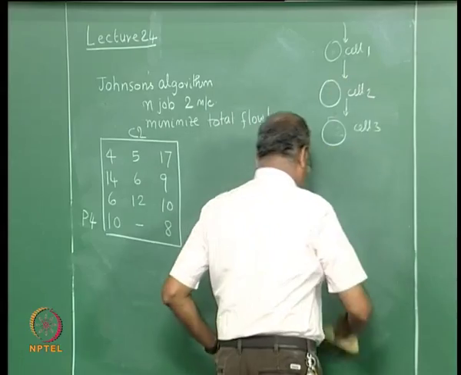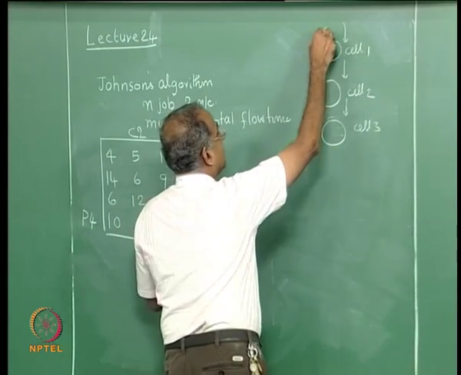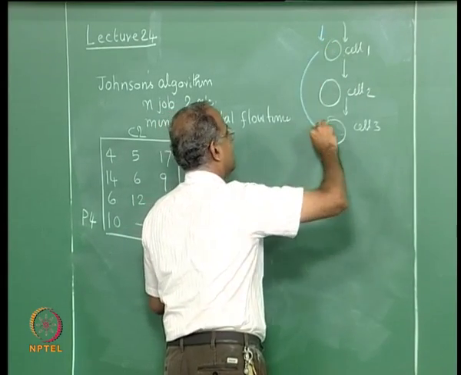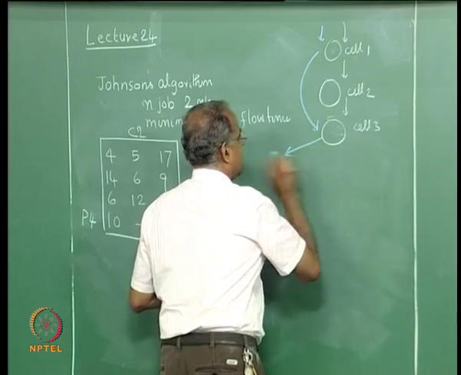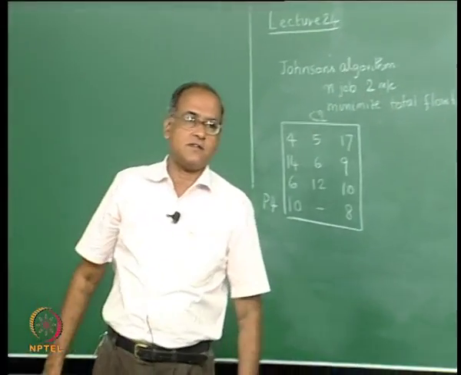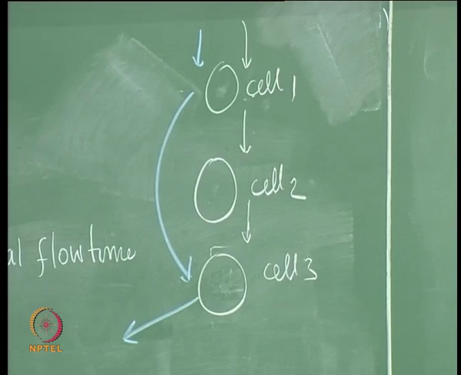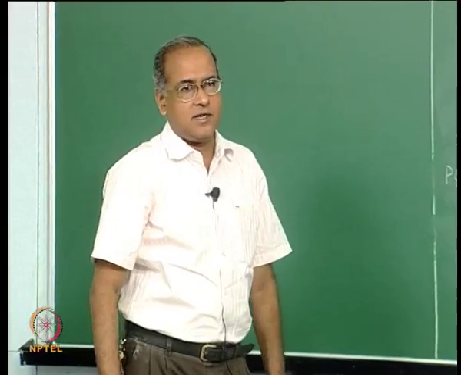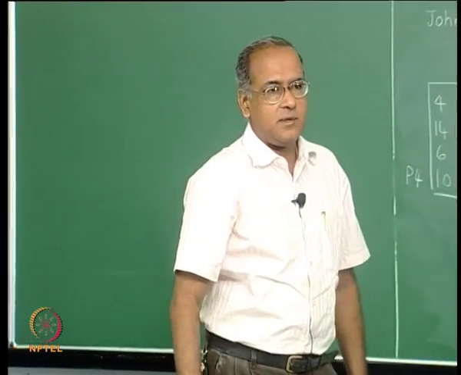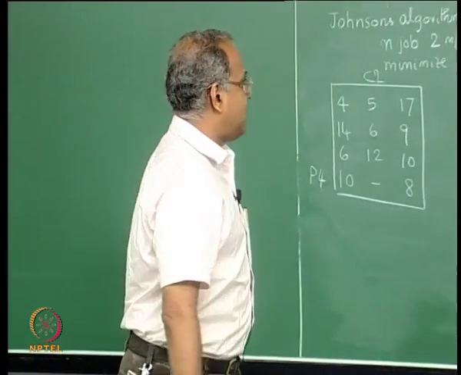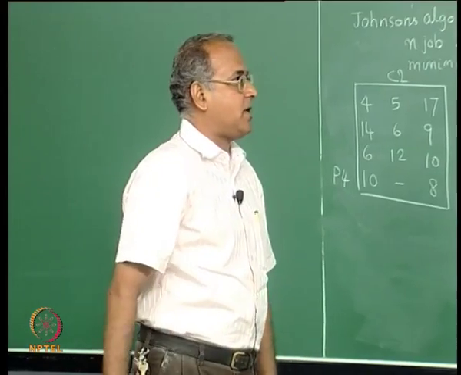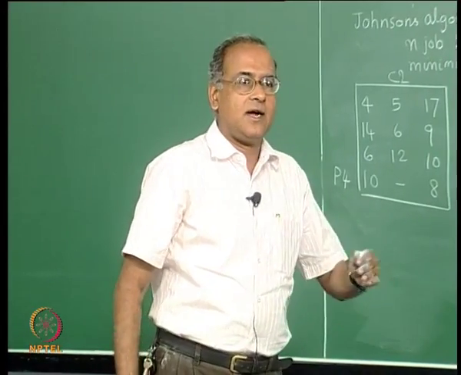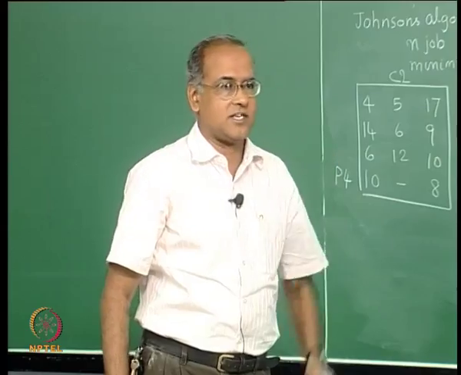Here part 4 alone goes to cell 1 and then goes to cell 3 and then comes out. It does not visit cell 2. So, it violates the flow shop assumption that all the jobs will visit all the machines. So, we do not apply flow shop algorithms for this situation.